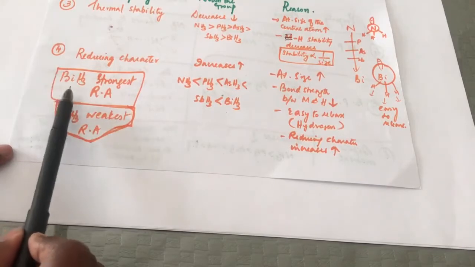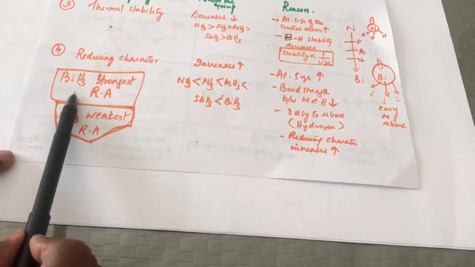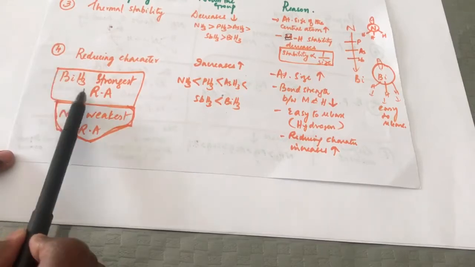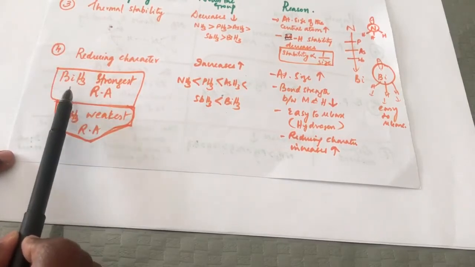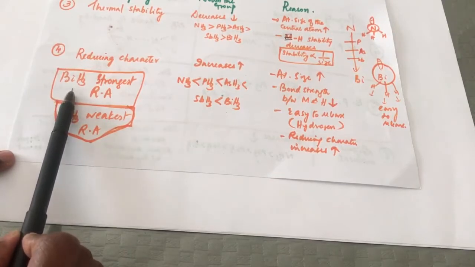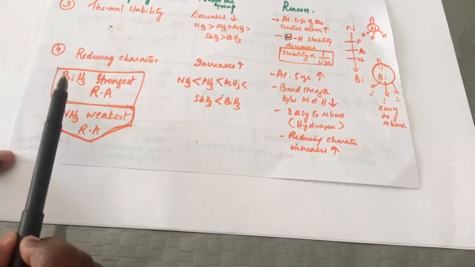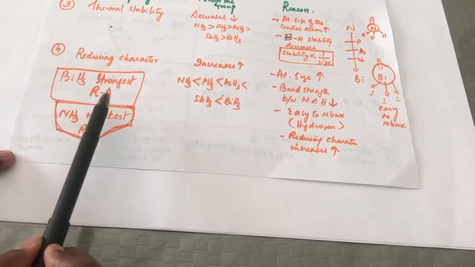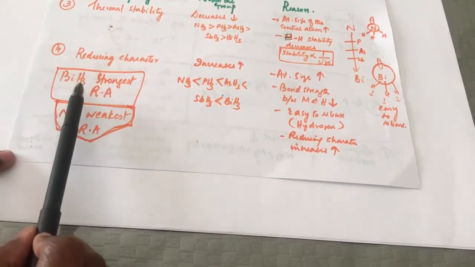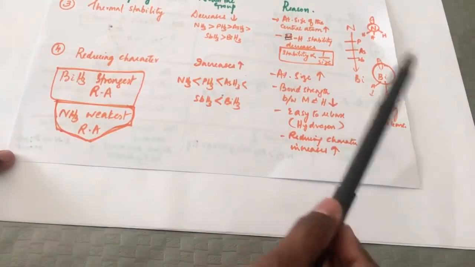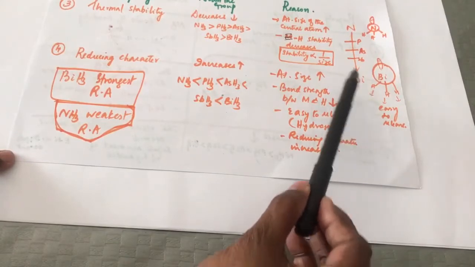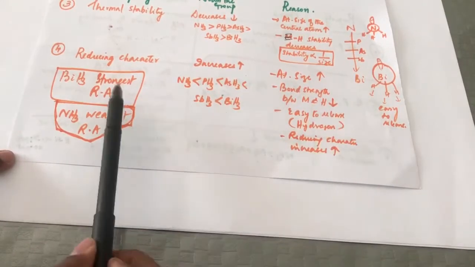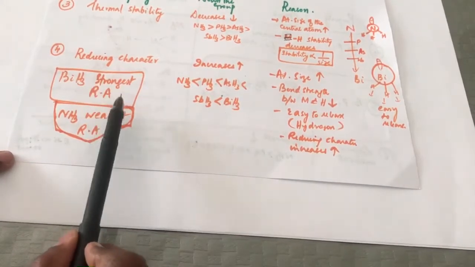You will definitely be asked in the 1 mark question which hydride of the nitrogen family has the highest reducing character, or you will be asked to comment on the reducing character of the hydrides of the nitrogen family. This was asked last year, not this year.